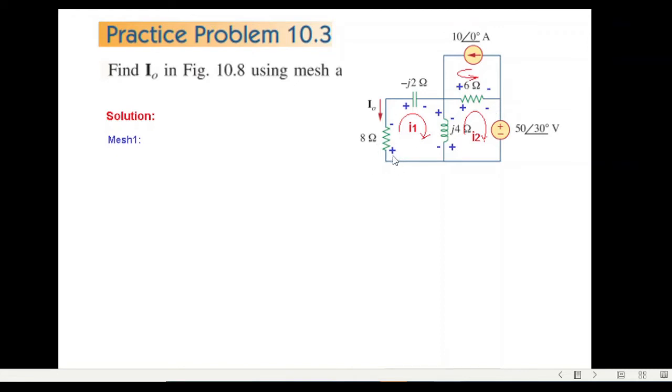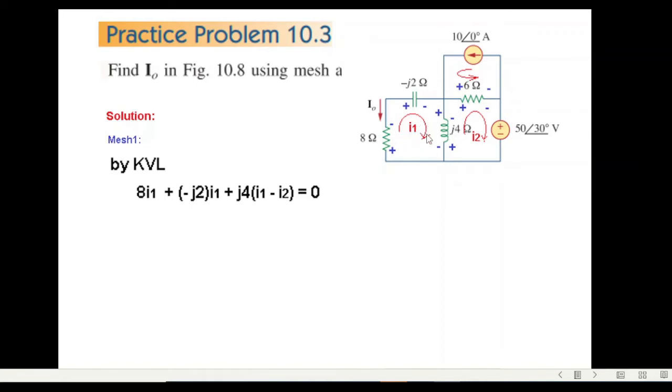So for mesh 1, we'll start from this point and go like this. By KVL, this is 8 into I1 plus minus j2 into I1 plus, now you can see here there are two currents, j4 into I1.